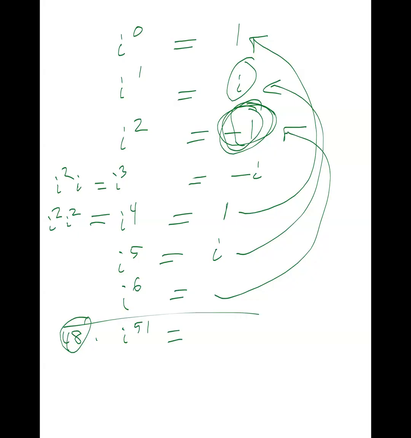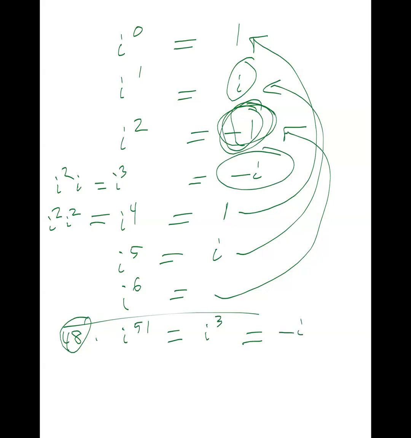So what's left over after you divide 4 into 48? How much more is there in 51? 3. So that means that i to the 51st power is going to be an exact match with i to the third power. So we just have to go back and look at this. And what's i to the third power? -i. So boom, you've got the answer.